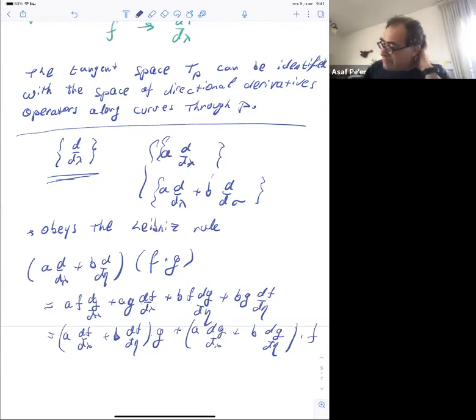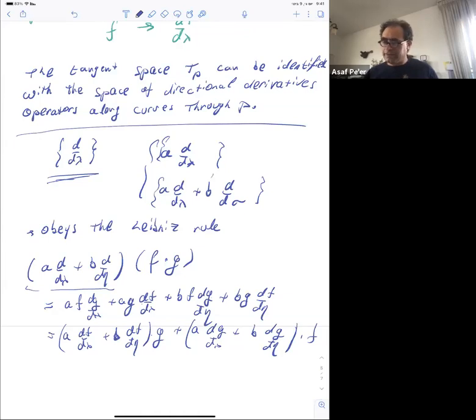Both f and g are smooth functions defined on the manifold. So the new operator is indeed a derivative operator, which is what we want. It's a bit subtle, but that's what it is.